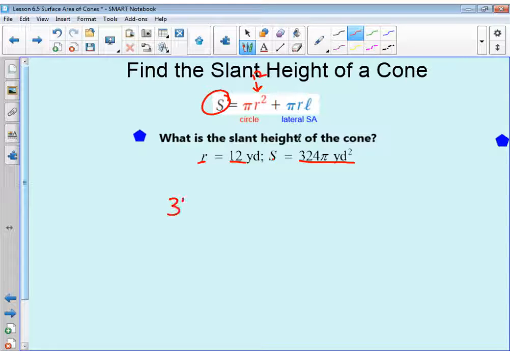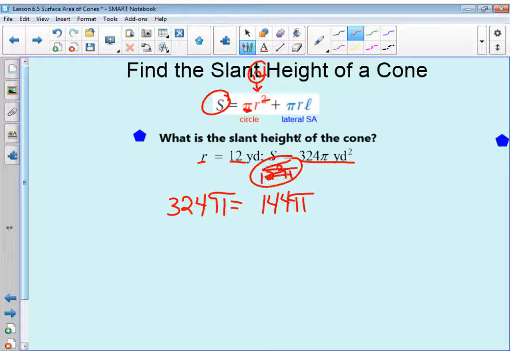So 324 pi equals pi, which we're going to leave as pi, times 12 squared. So 12 squared is 12 times 12, which gives me 144. I'm just writing it out so you can see it.